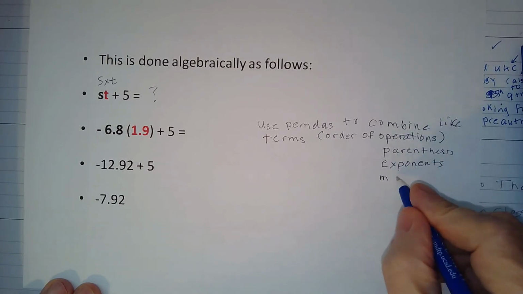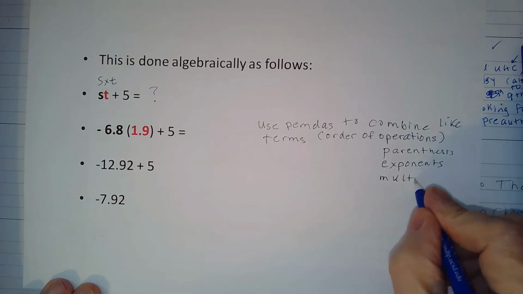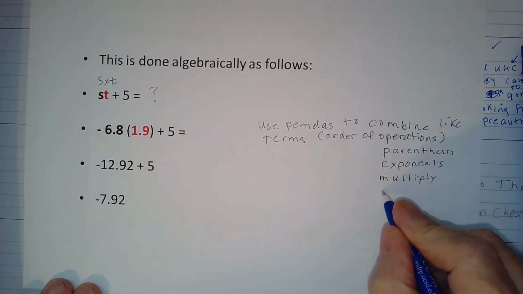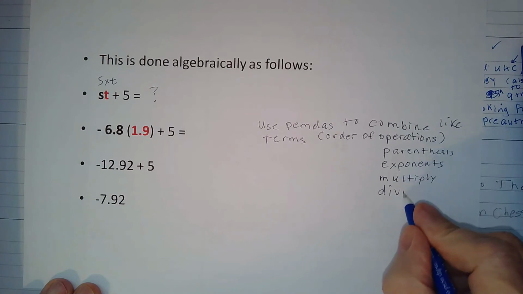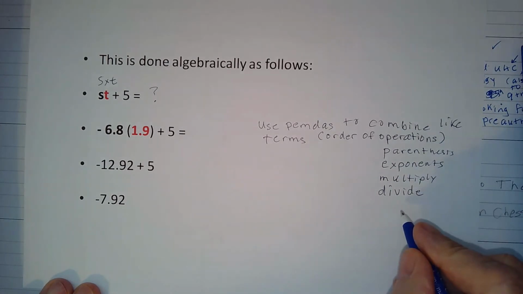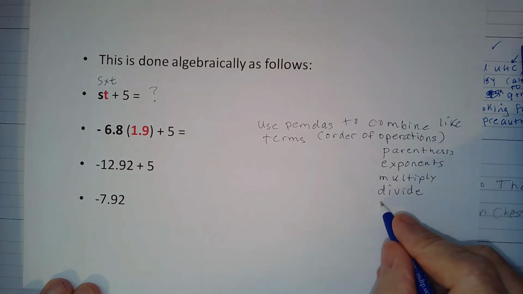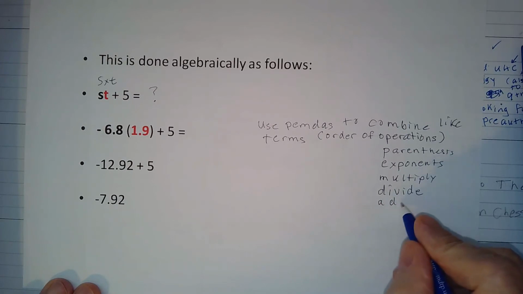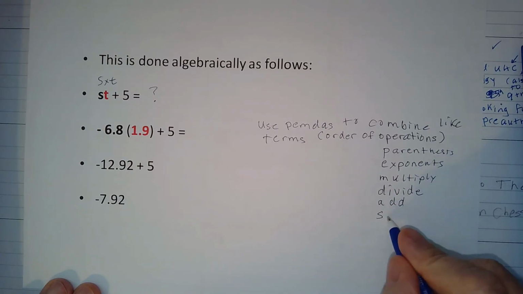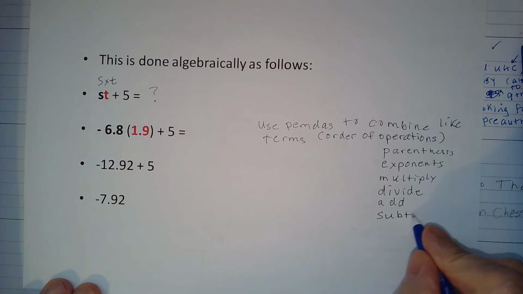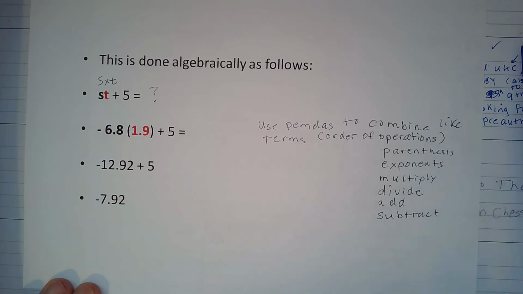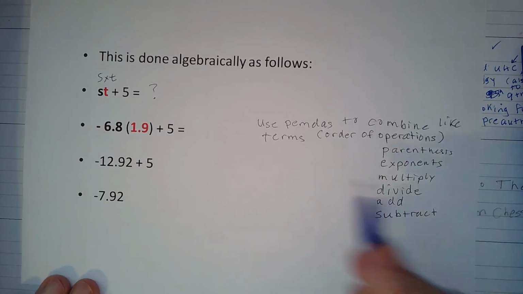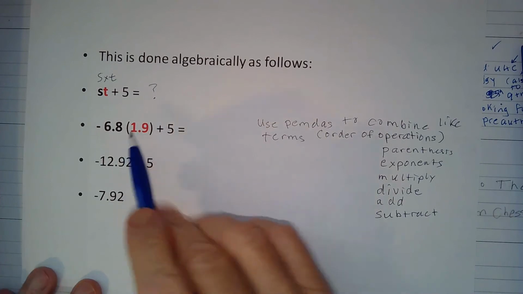M means multiply. D means divide. And A means add. And S means subtract. So that's the order in which you would take operations with something like this expression here.